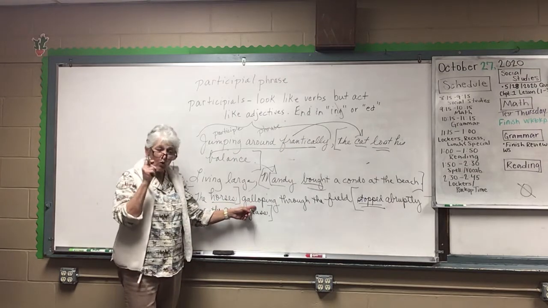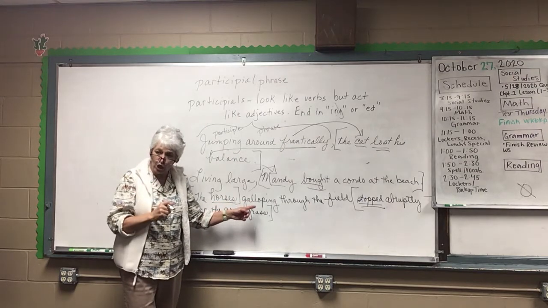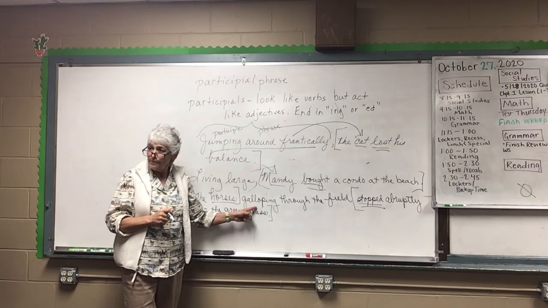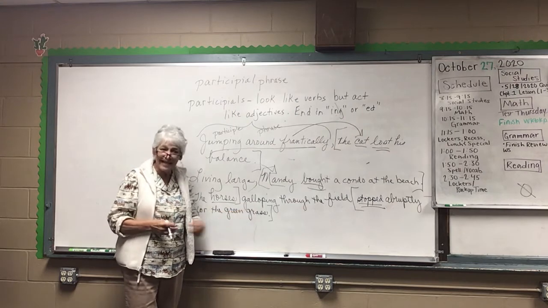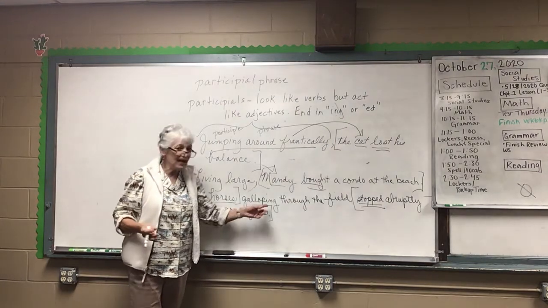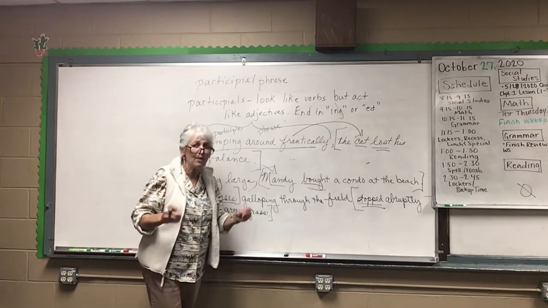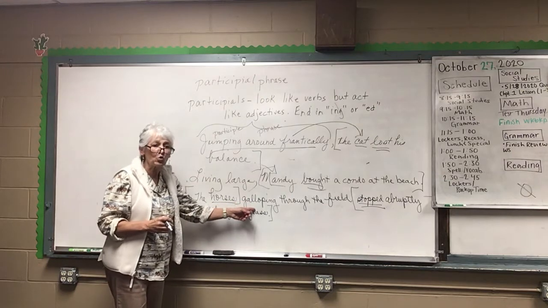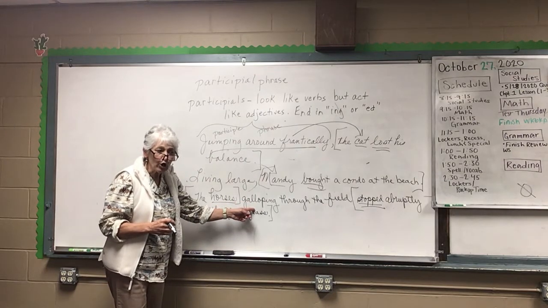Don't let participles trick you. Yes, this looks like a verb. To your eye, you see galloping. Oh, okay, that's an action word. Yes, it is. But in this sentence, it is not the verb of the sentence. It's a participle. It's a describing word.